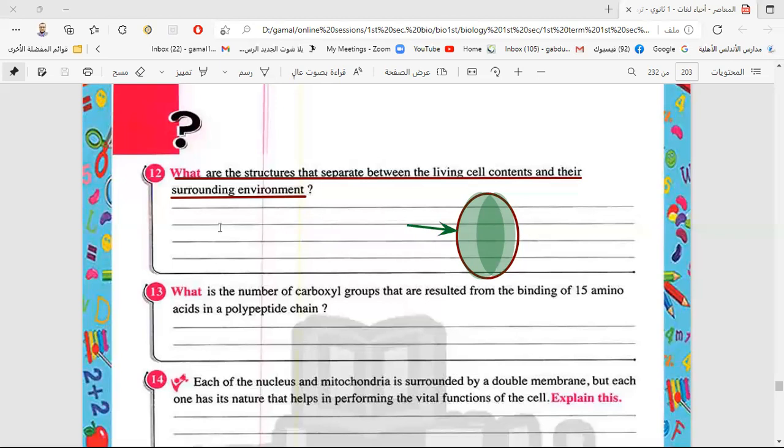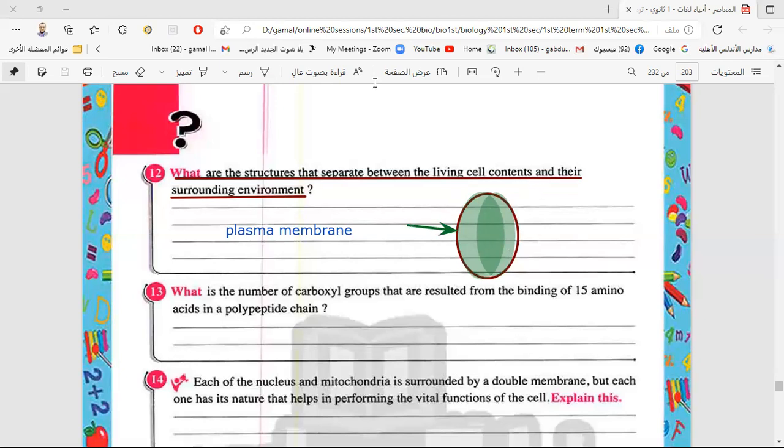The plasma membrane surrounds and separates the cell from the surrounding environment, in the animal cell and also in the plant cell.